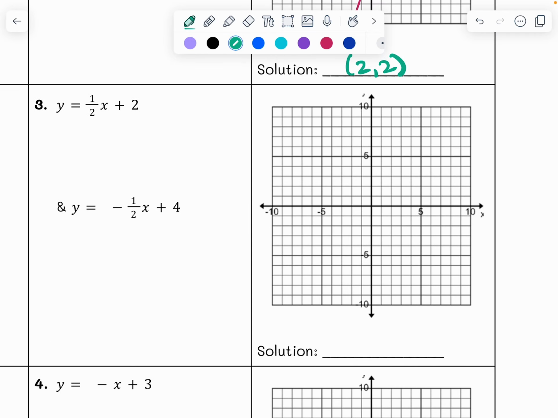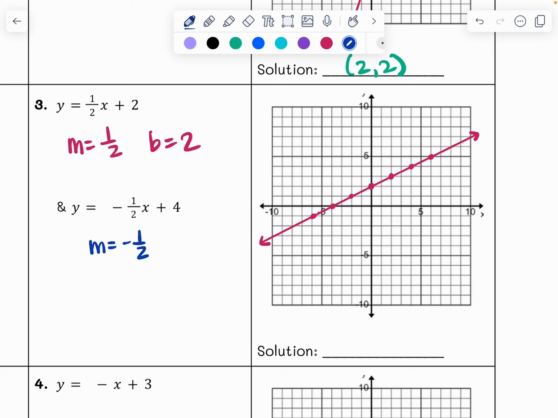Number 3, y equals 1/2 x plus 2 and y equals negative 1/2 x plus 4. So m is 1 over 2, b is 2. 1 over 2. And y equals negative 1/2 x plus 4.